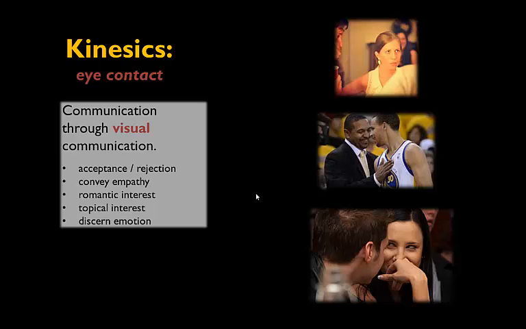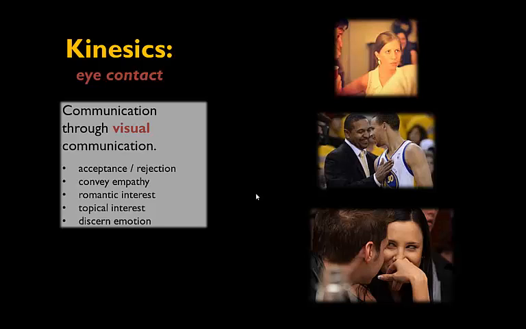The other thing about the way eye contact is used in our culture is that high status people use eye contact much more than people who in a given context would be lower status. So in that conference room, we could assume that the person who is doing the best job at looking people in the eye is the boss, and that the folks who are maybe looking at their boss but also averting their gaze are the workers, because that's how eye contact tends to be used in our culture.